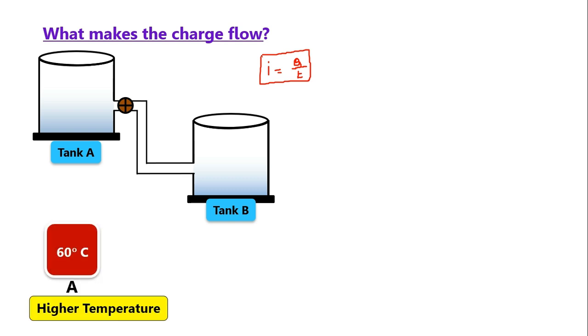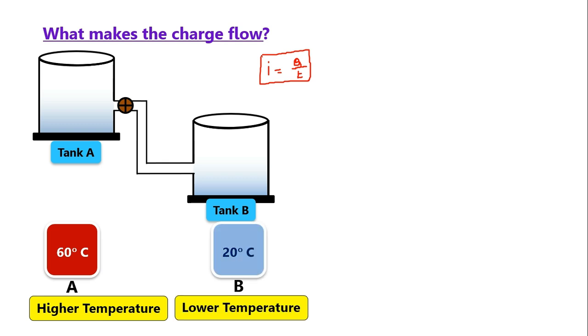If the temperature of tank A is 60 degrees and tank B is around 20 degrees, when the valve is open, the hot water in tank A and the cool water in tank B automatically combine with each other.